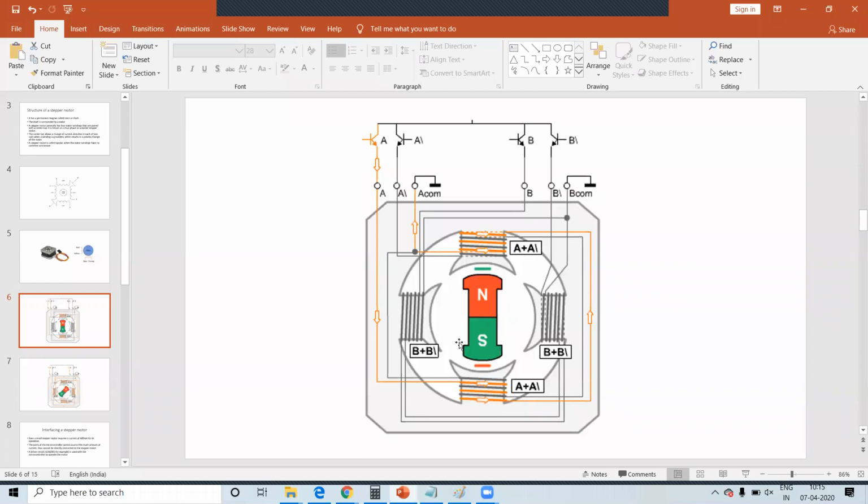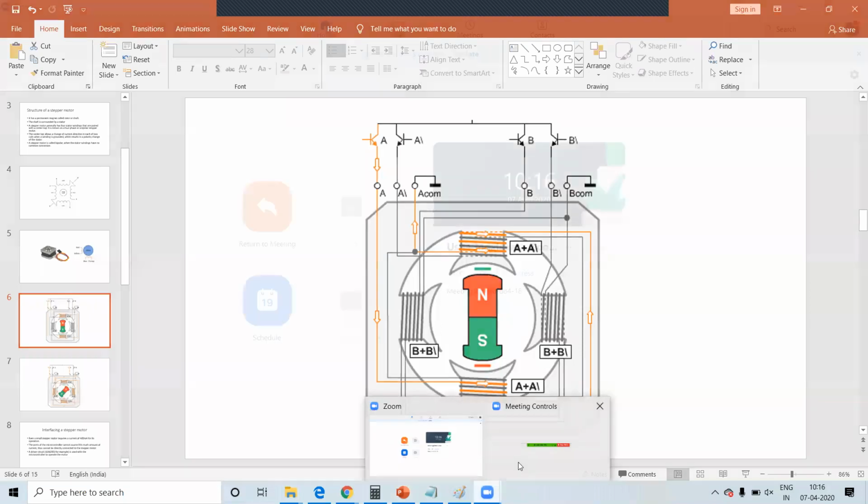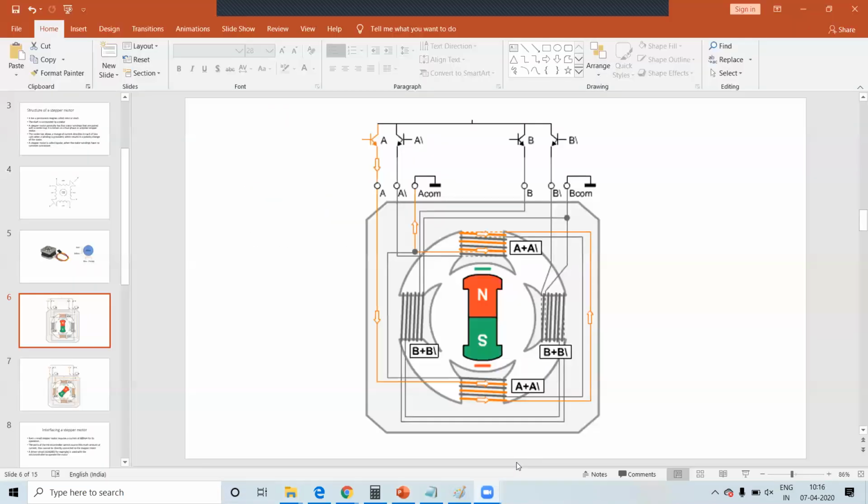So a magnetic field is generated, and due to this, the north pole repels and it rotates in clockwise direction. So it moves from one winding towards another winding. In this way it rotates. Is there any doubt regarding this? If you have, ask me a question, otherwise we shall continue.